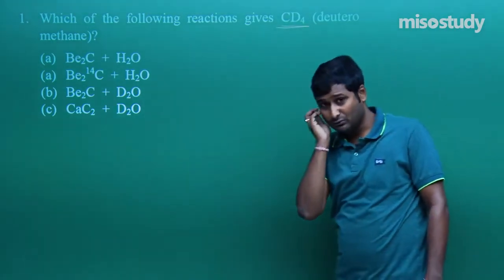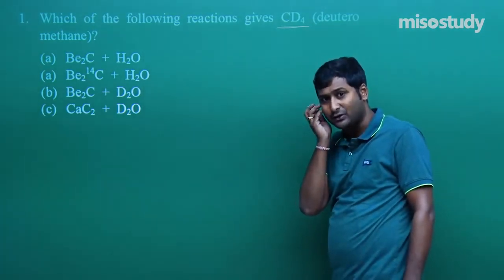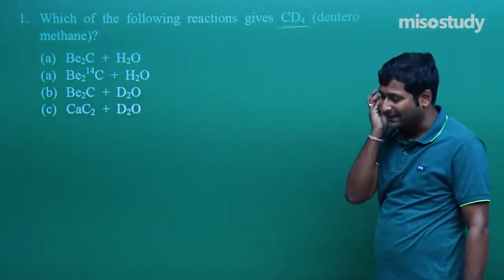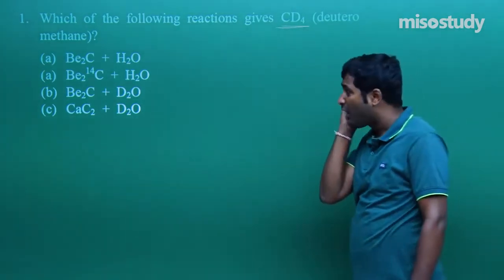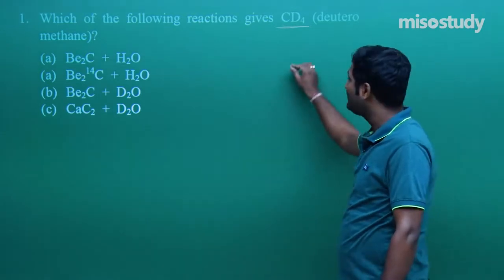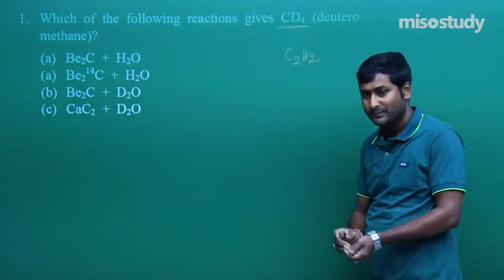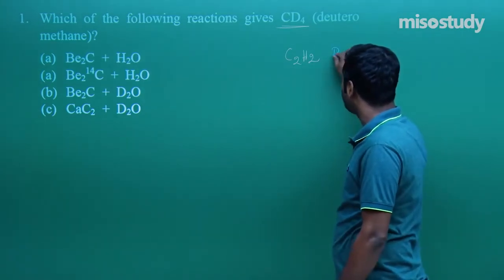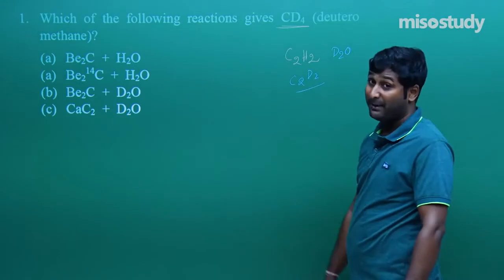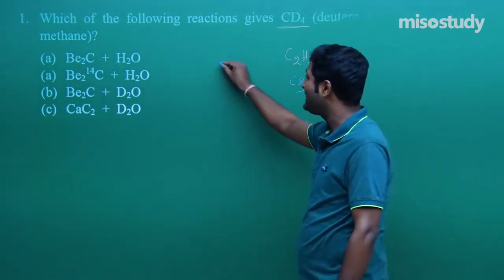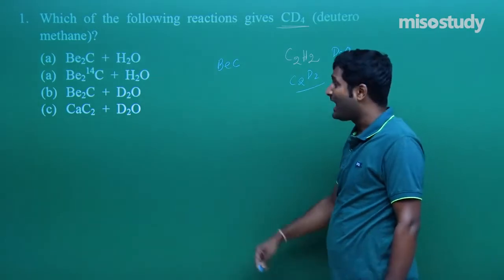As I told you earlier, except beryllium carbide, all other carbides like calcium, strontium, barium, on hydrolysis give you C2H2. Clear? If I take D2O here, then it will give C2D2. But in case of beryllium carbide, do you remember, this is the exception case.